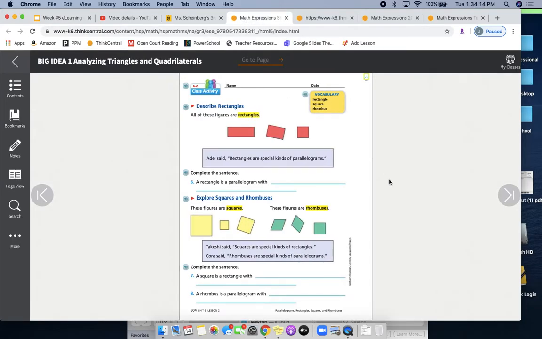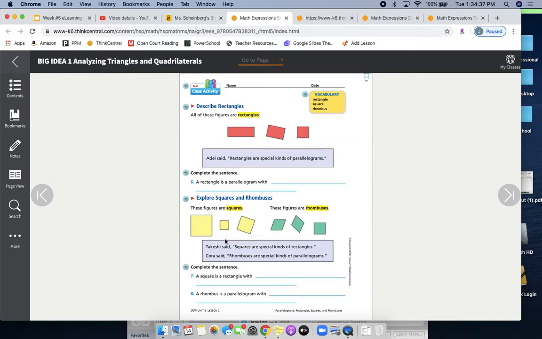We are going to take a look at this page in our math workbook called Describing Rectangles. So all of the figures are rectangles. We see three different figures here. Adele said, rectangles are special kinds of parallelograms. So a rectangle is a parallelogram with four right angles. Again, four right angles.